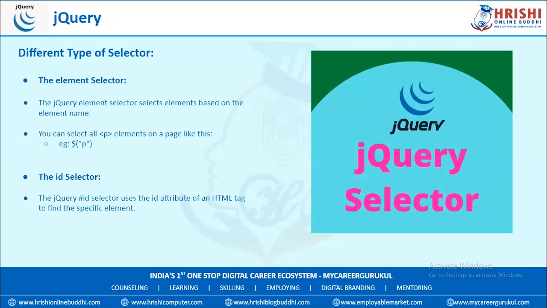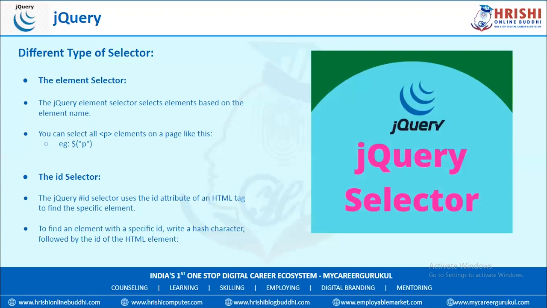We have also studied this part in the CSS lecture, how we can make use of an ID by using the hash symbol and then writing the name of the ID which we have assigned inside the paragraph tag. To find an element with a specific ID, write a hash character followed by the ID of the HTML element. As I said, we just use the hash followed by the ID name.